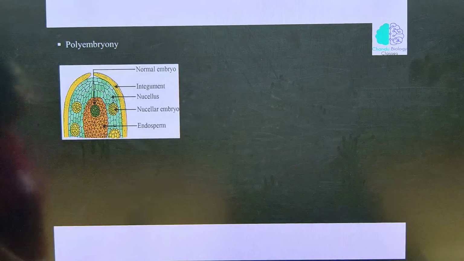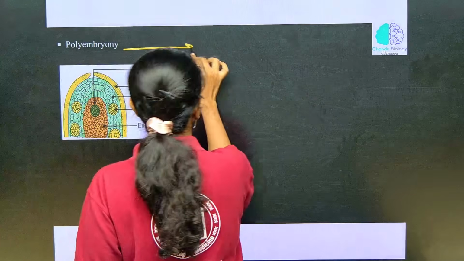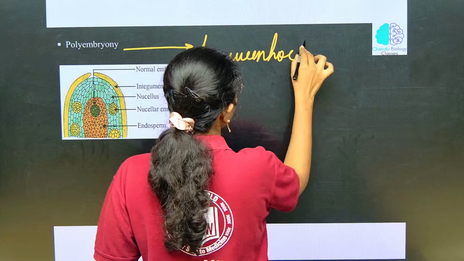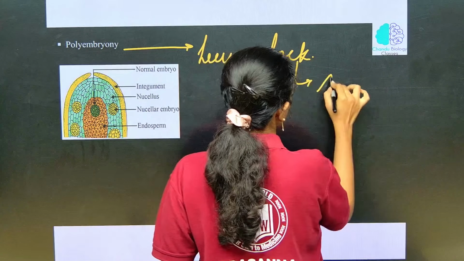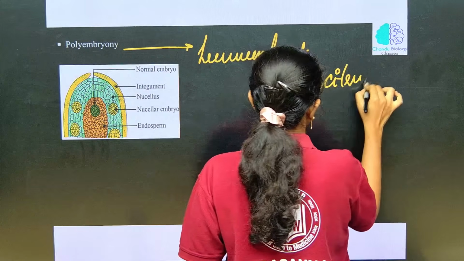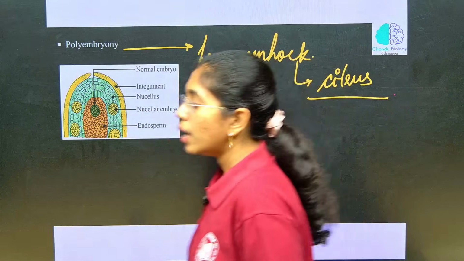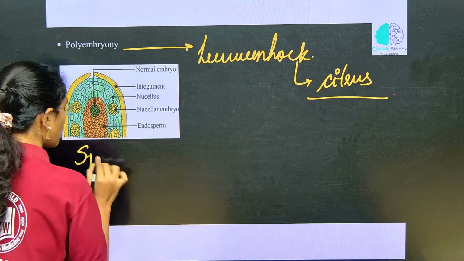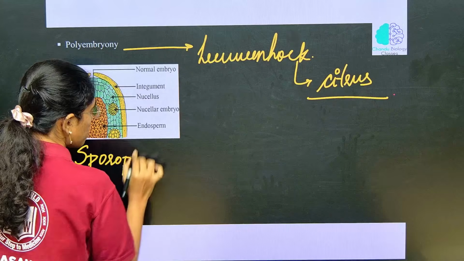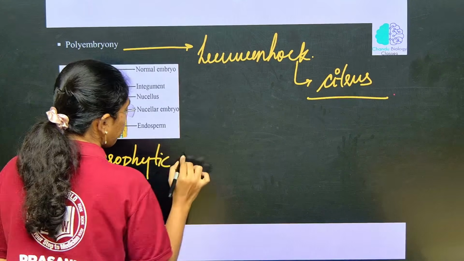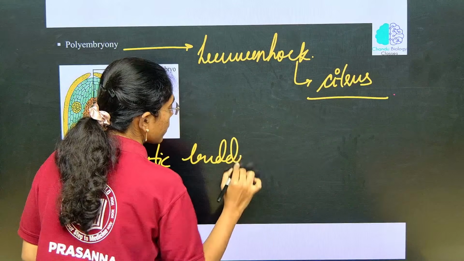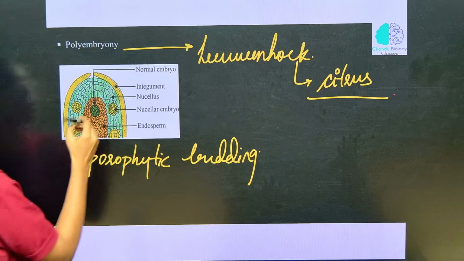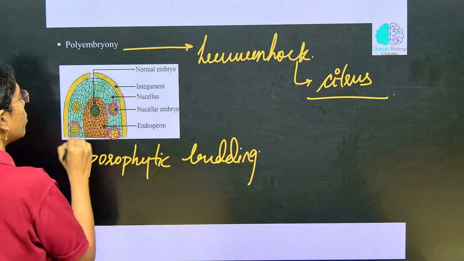And then polyembryony. Polyembryony is the concept which was first explained by Leeuwenhoek in citrus plants, wherein because of sporophytic budding, multiple embryos arise from integuments and from nucellus.